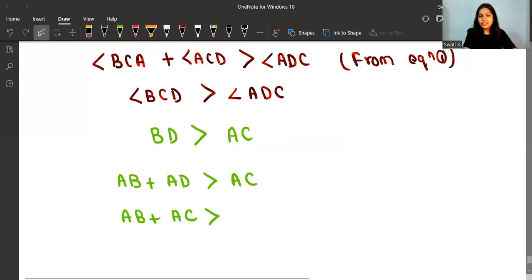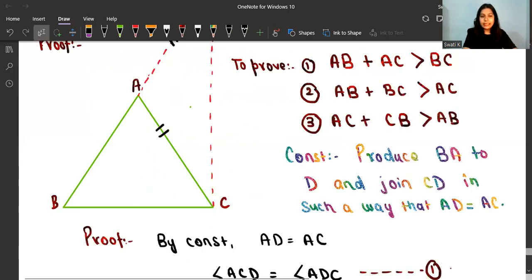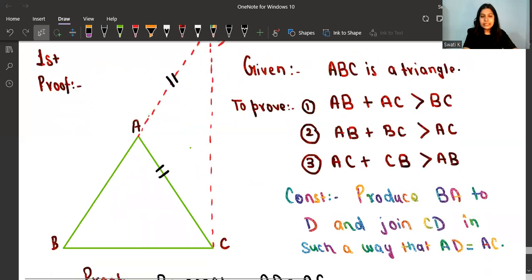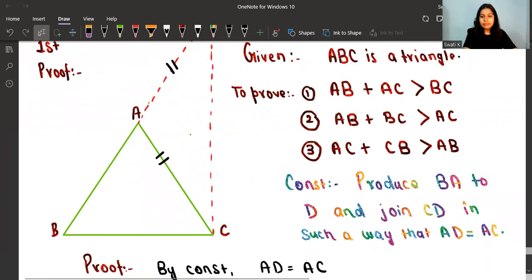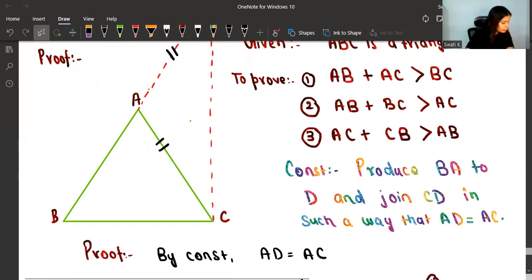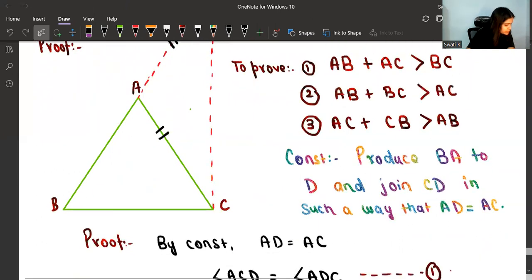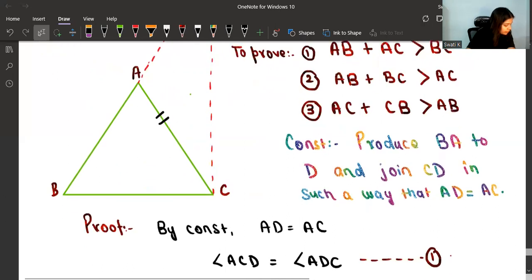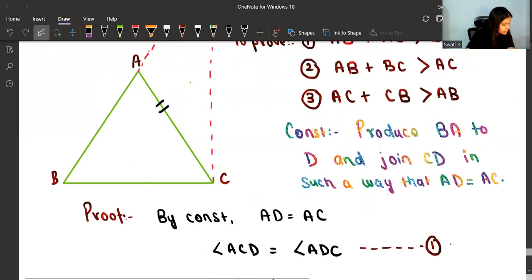Let's check here one thing, angle ADC. Let me just check what is the next thing that I have to write down.